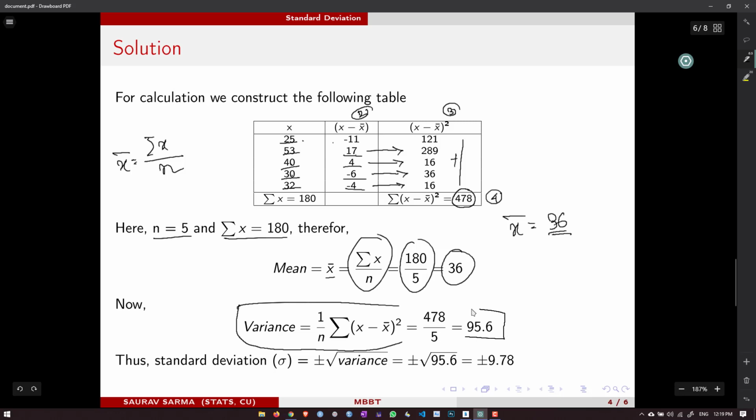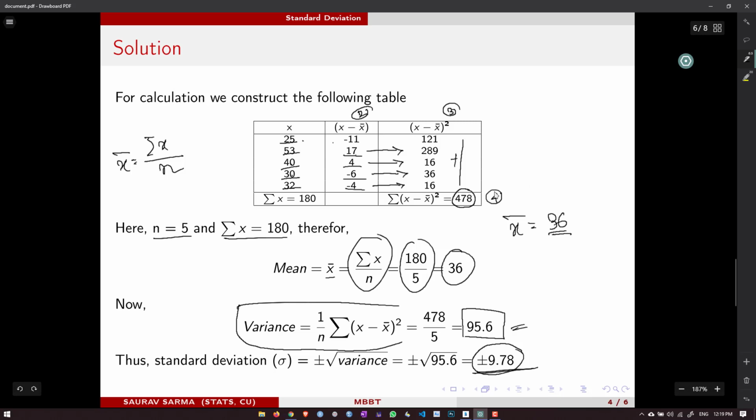So ultimately I got the variance as 95.6. As soon as you have the variance, you can calculate standard deviation. It is plus minus root over variance, which is plus minus root over 95.6, approximately 9.78. So this is how we calculate standard deviation for ungrouped data.